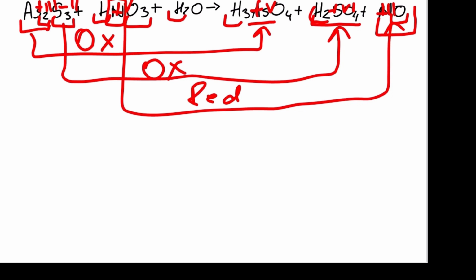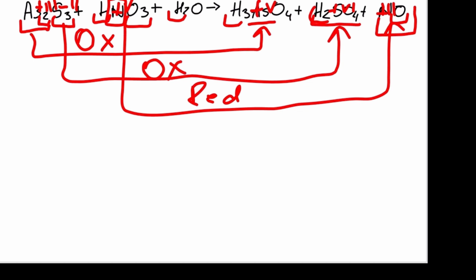So we need to write now the half-cell reactions, I mean oxidation and reduction. In the case of oxidation, we cannot choose one. We need to write both of them.